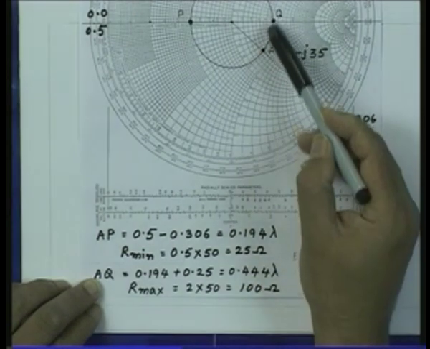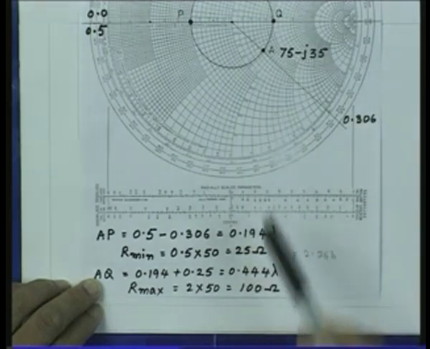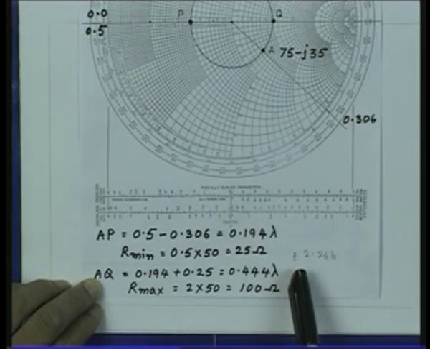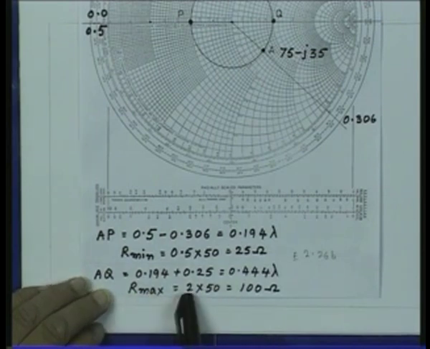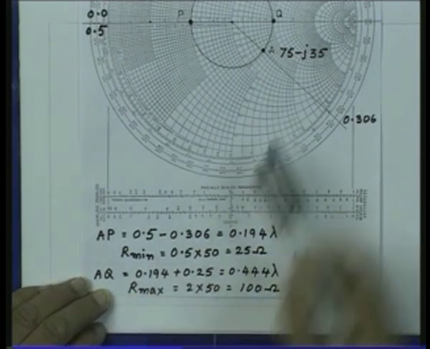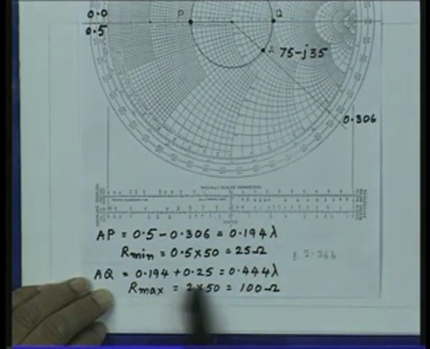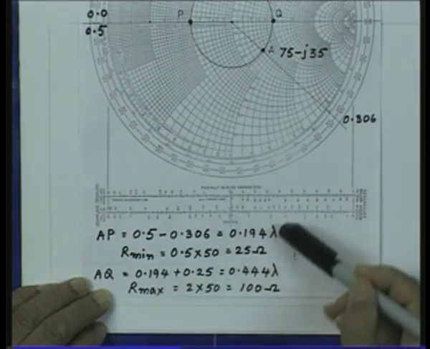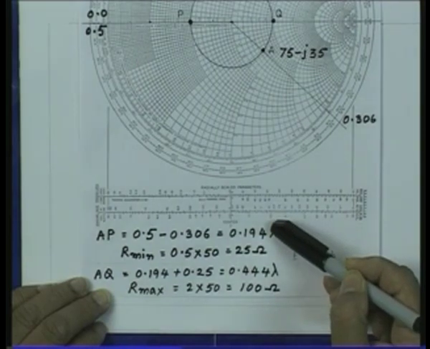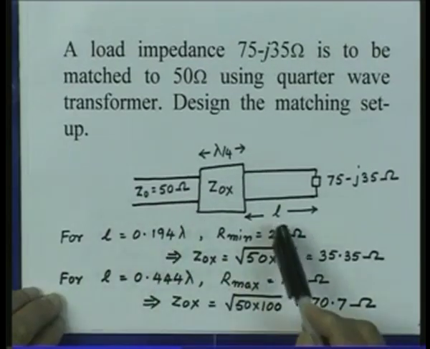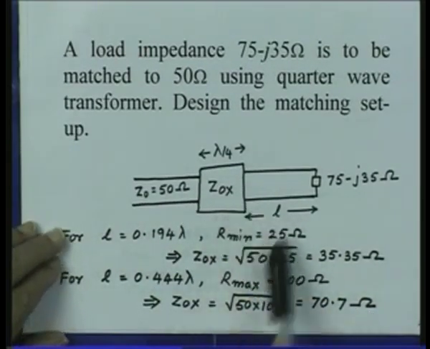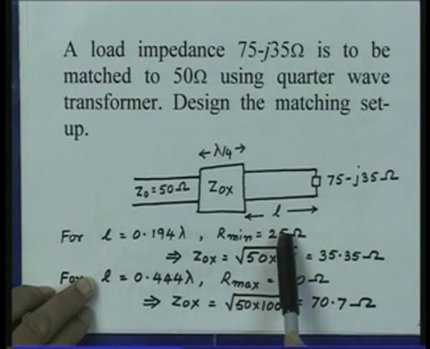So, if I introduce a quarter wave transformer at a distance of 0.444 lambda from the load, then the impedance to be matched will be R max, and that will be 50 into normalized value 2 corresponding to this point Q. So, if I take this as L in this case, then the impedance to be matched will be 100 ohms.